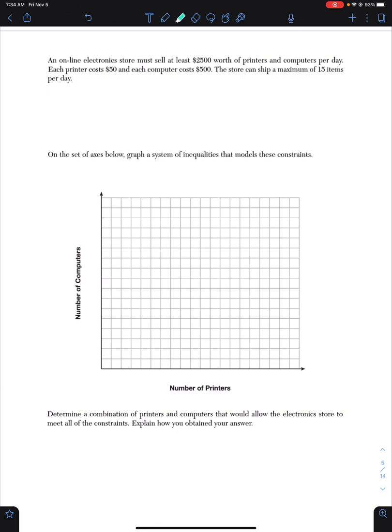So pause the video and play it after you have thought what the x and y is. It doesn't actually tell you in the wording of the question. It tells you on the actual axes of the graph. So the computers is y and printers is x. So be careful with that. Pause the video, complete this question now, and we'll go over it when you're done. So please pause the video and play it when you're done.